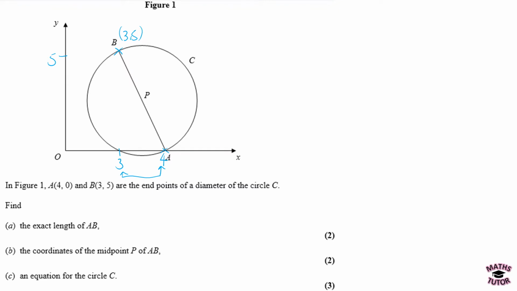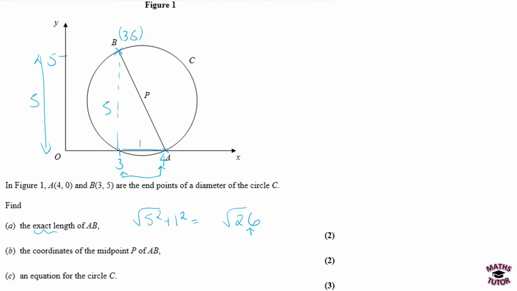We need to find the length of A to B. We can see vertically it's 5, so we go 5 down there, and here it's 1. So the length, just using Pythagoras, is going to be 5 squared plus 1 squared, which is the square root of 26. It's asking us for the exact length, and we can't find a square number that times by something to get 26. So that is our simplified surd.